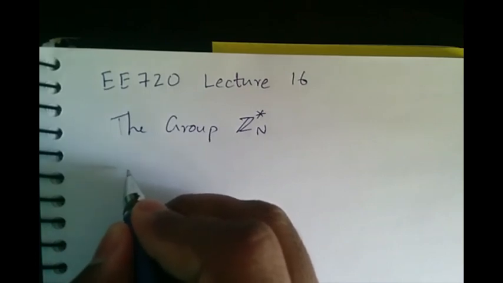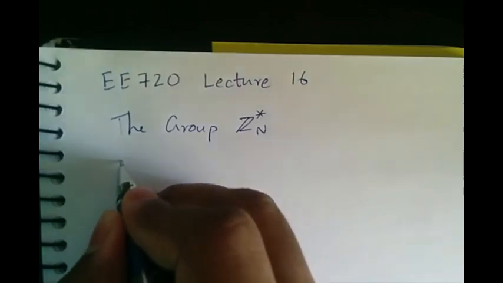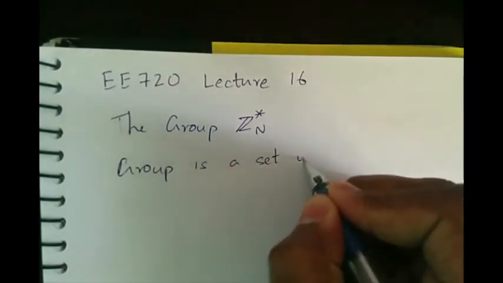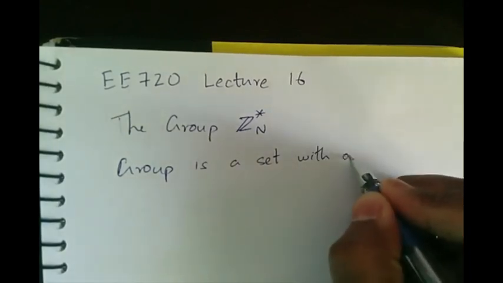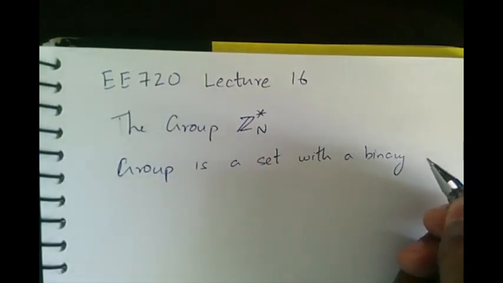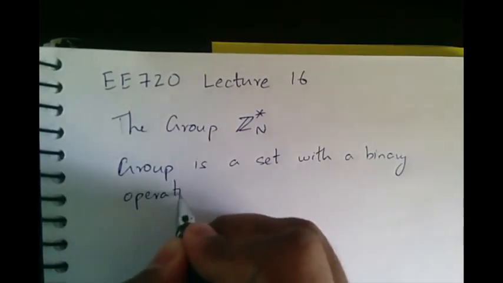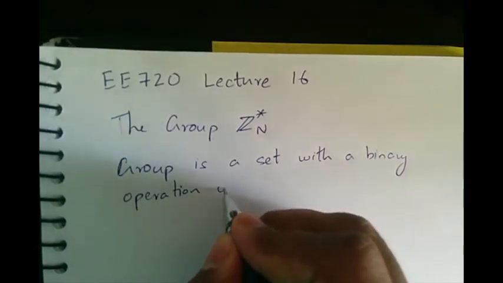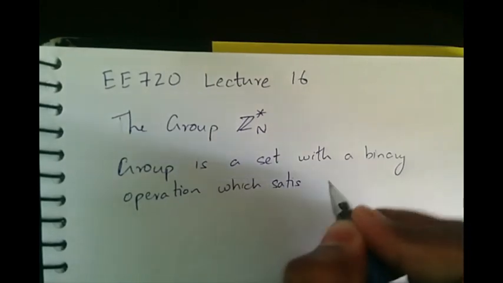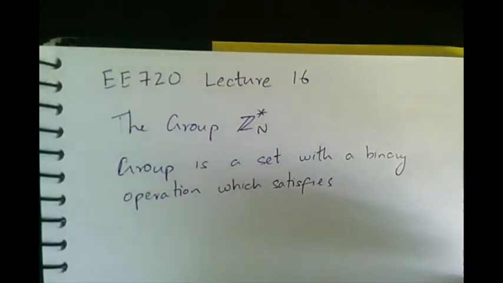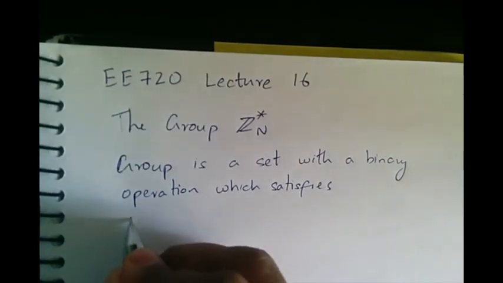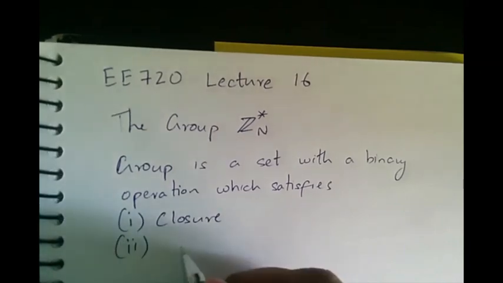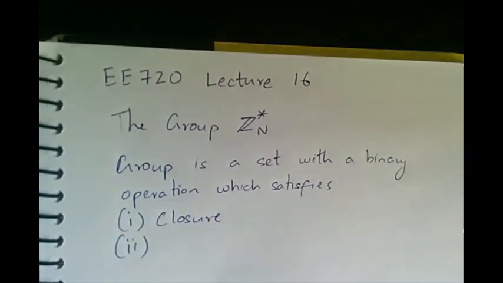Just as a recap, what is a group? A group is a set with an operation which satisfies four properties. First, the operation needs to be closed. Second, there has to exist an identity in the set.